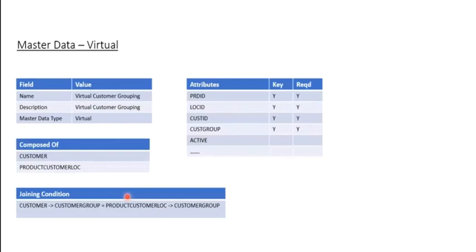Now, if I talk about virtual, in virtual we can join one or two master data and create our new master data. For example, I'm saving this customer or product information, but I want to join that information and make my own master data.